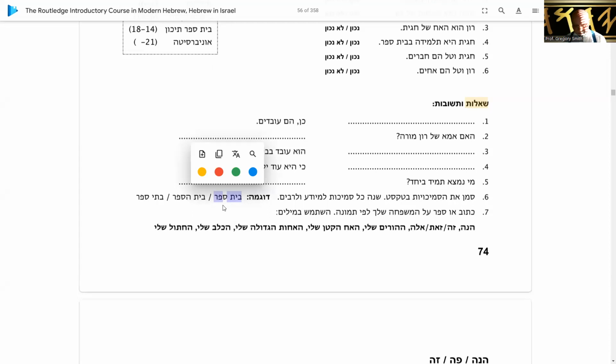How about Batim HaSeferim? There we go. The bookstores. בתים הספרים.